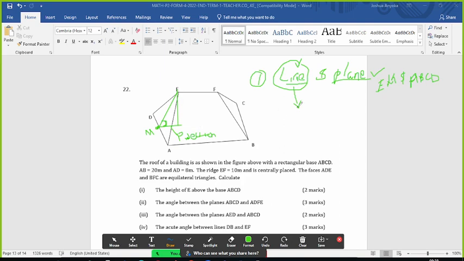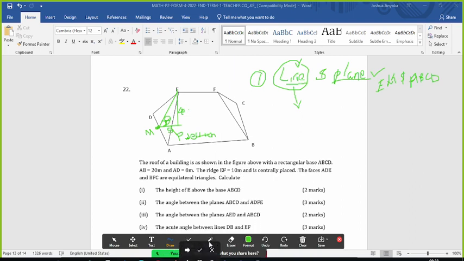So the angle between a line and a plane is this theta. It is the angle between a line and its projection on the plane. So this one is 4.758, and this one is 5. So you find the angle theta.